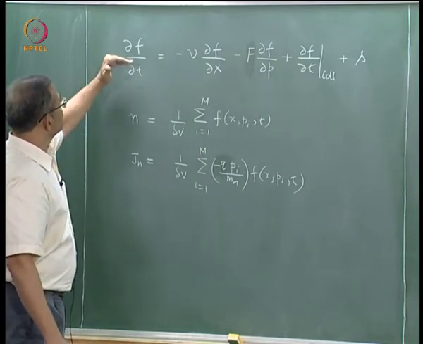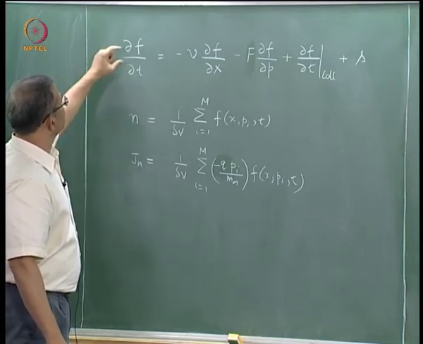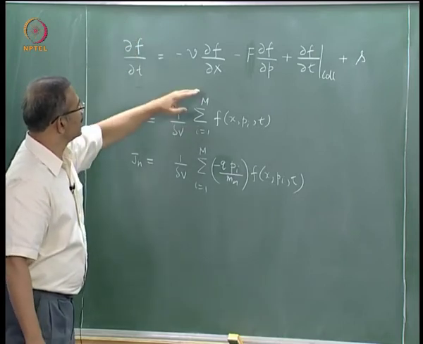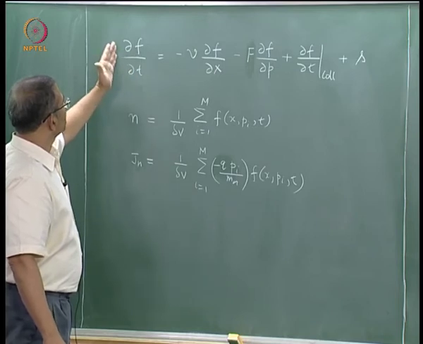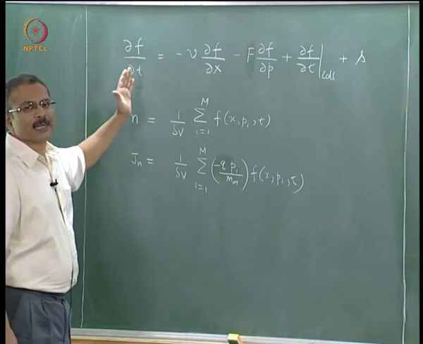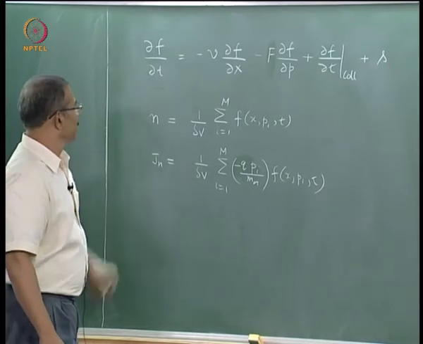Now how can I convert this equation BTE into an equation for n? So clearly what I do is I simply sum f over the available states and divide by delta v. While doing so, I can put a sum here, but I will exploit the fact that I can interchange differentiation and summation.